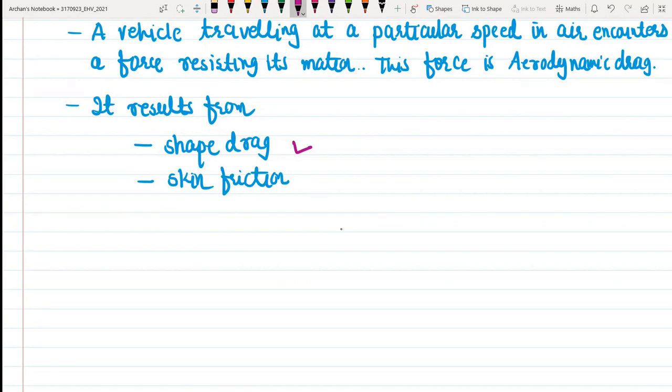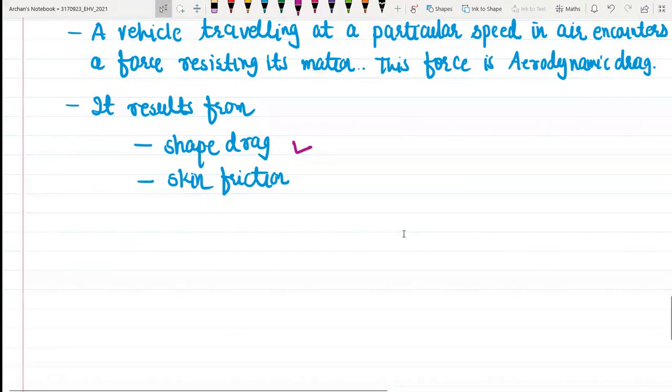In addition, the air behind the vehicle cannot instantaneously fill the space left by the forward motion of the vehicle, and it will create a zone of low air pressure. So the motion has created two zones of pressure that oppose the motion of the vehicle by pushing it forward and pulling it backward. The resulting force on the vehicle is the shape drag.